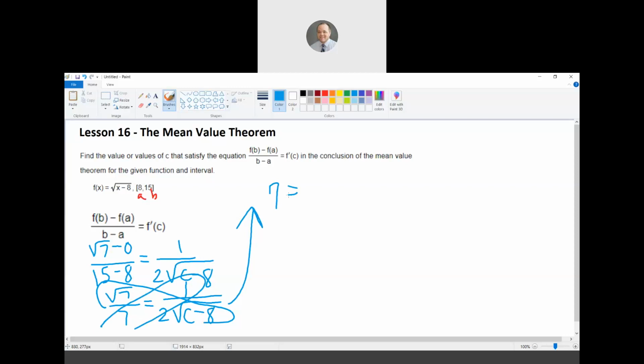And then we got on the other side 2 times square root of 7 times square root of c minus 8. Now we can put the square root of 7 inside the c minus 8. So that would be square root of 7c minus 56.